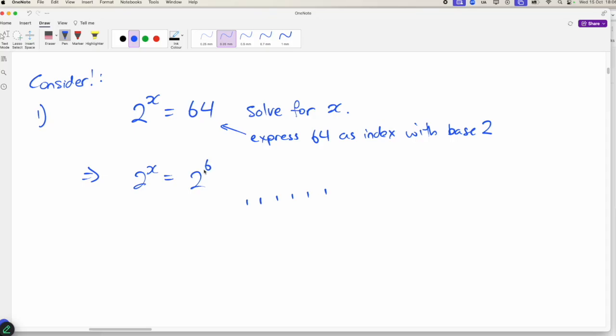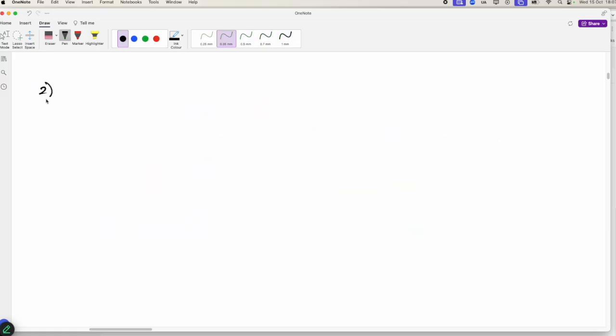That is 2 to the power of 6. So once we could express these two numbers with the same base, then obviously x will have to be equal to 6. If I have a to the x is equal to a to the m, then x is equal to m.